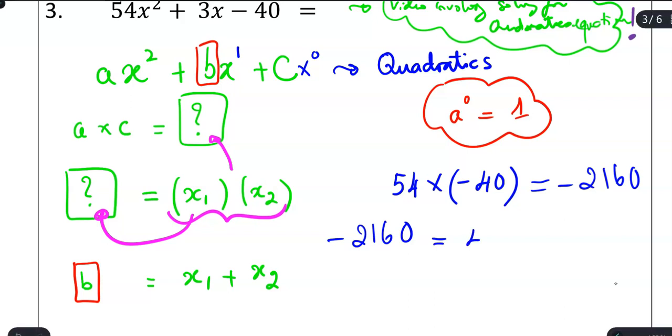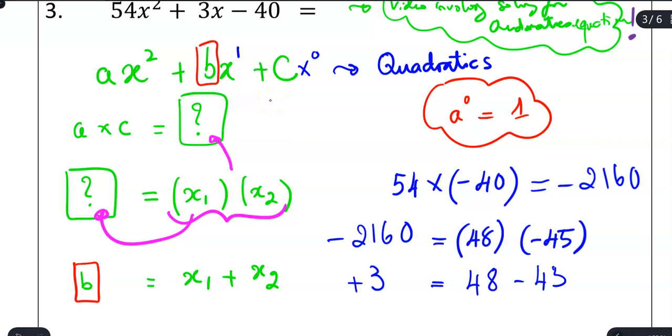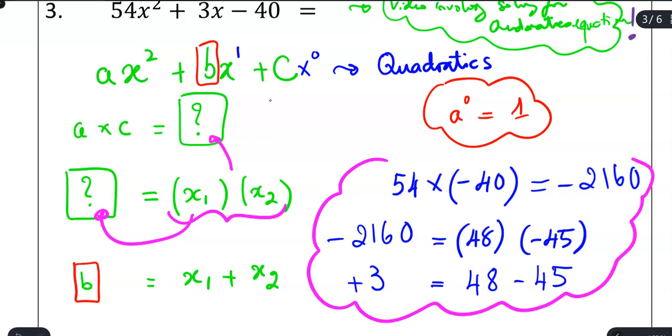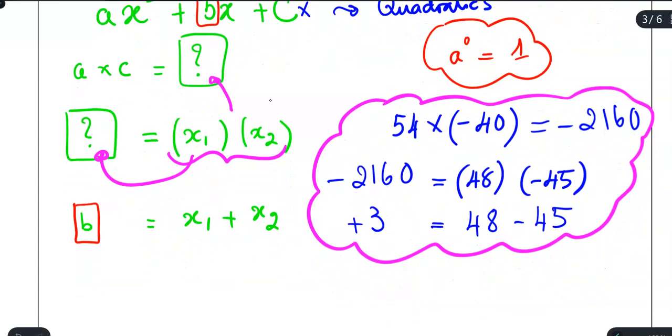Okay, so 48 multiplied by negative 45 will give me this number. And to get positive 3 as the coefficient for x, the middle term here, if I take 48 subtract 45, I get that number 3. So these are the steps. After you have found these two numbers, 48 and negative 45, what do you do?